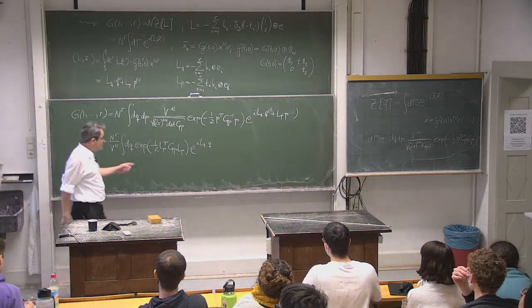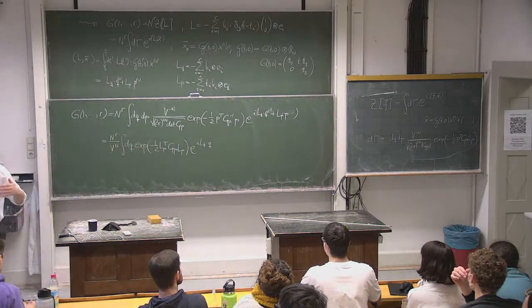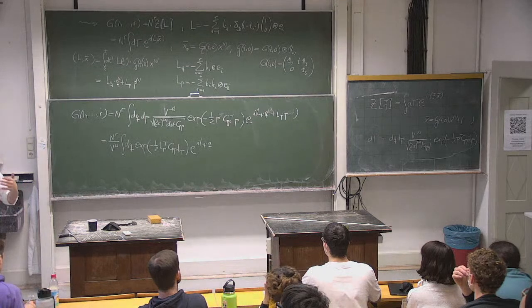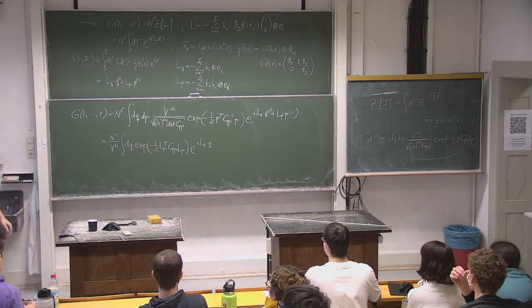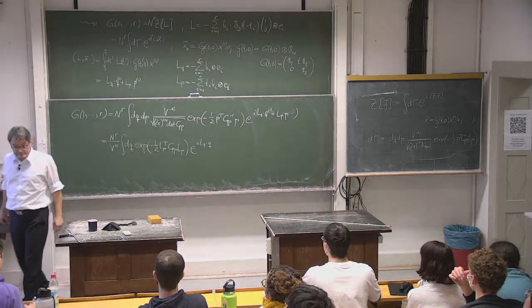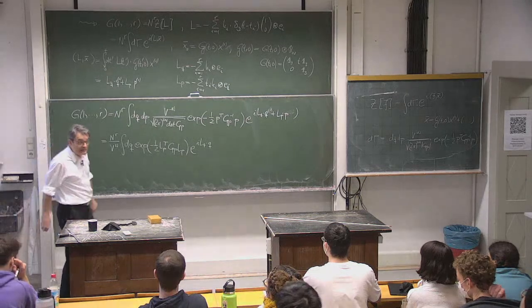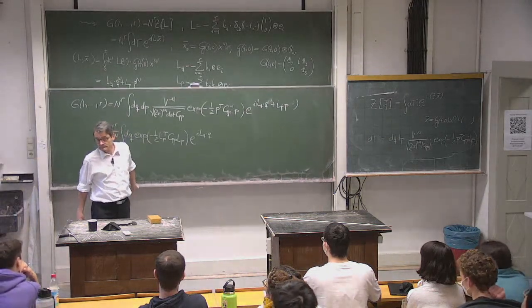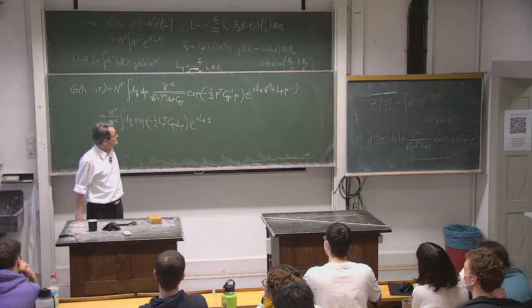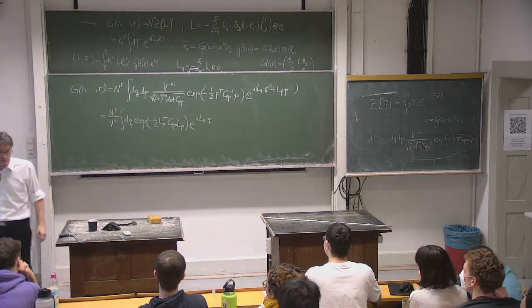So now, depending on the correlation structure of the particle ensemble in momentum space, this can be a nightmare to calculate or can be easy. Suppose you have an ideal gas, then of course all the momenta are uncorrelated.